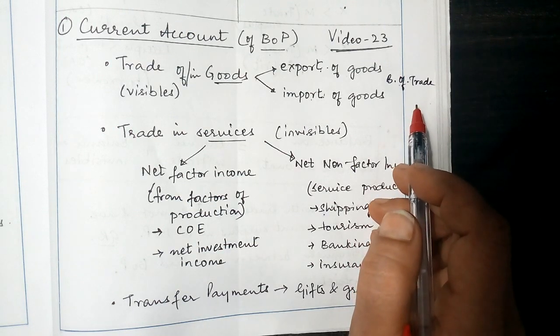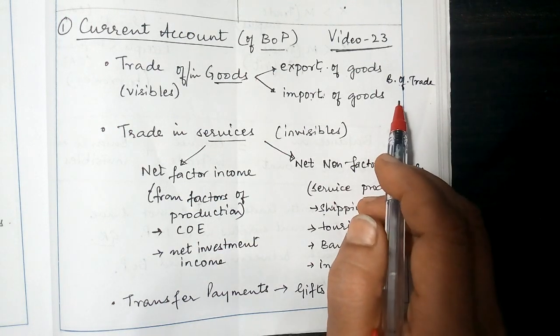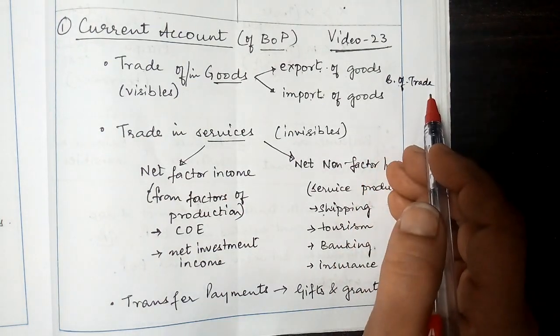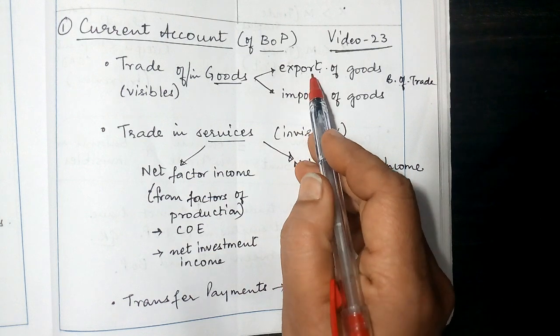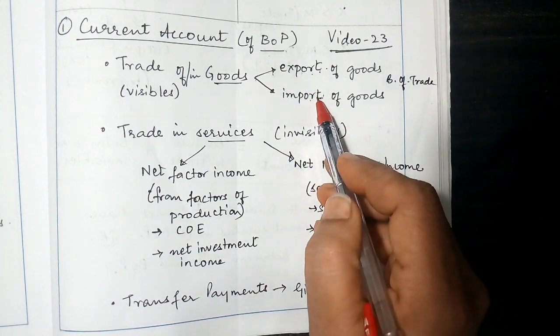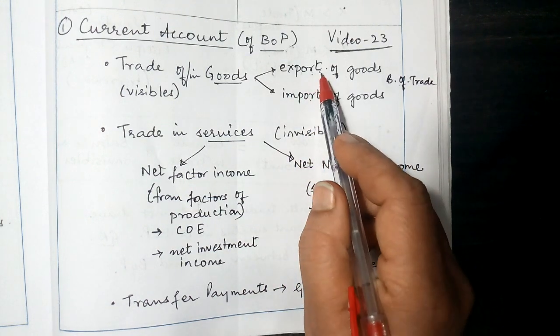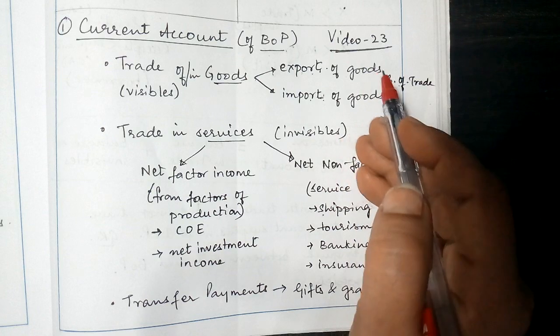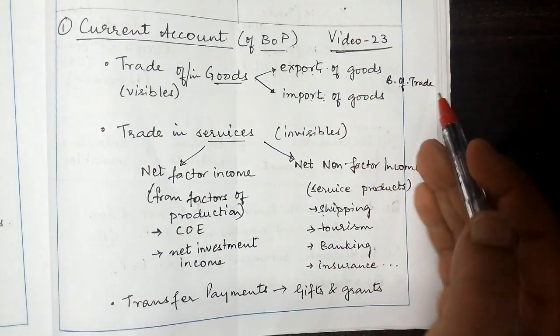If the exports are more, that means the value of the exports is more than imports. That means what? The inflow is more than the outflow. Then it is said to be a surplus balance of trade or trade surplus.